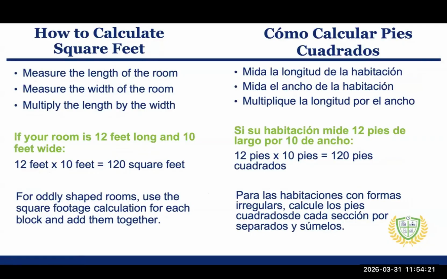First, let's see how to calculate the square feet. For properly getting our measurements and making sure our time space calculation is accurate, we will need to measure the length and the width of your space.